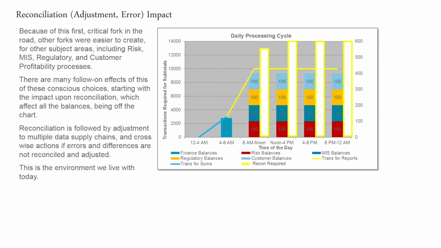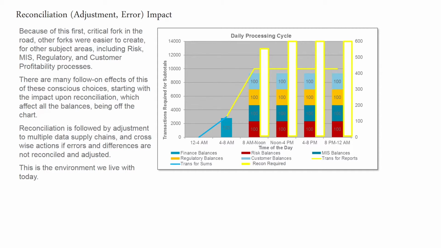Those balances become the key balances by which the business is judged the next morning and controlled for the next day. But it's not all the balances that are needed in the organization. There's a whole bunch of these other attributes that are needed to be measured and understood by making balances off of them.